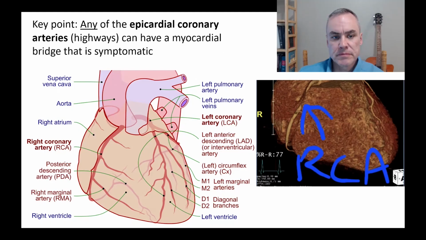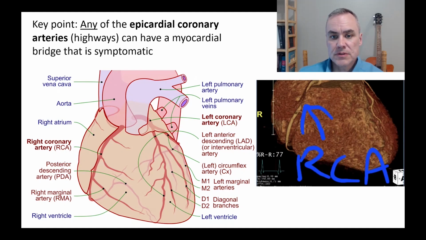It would just confuse the picture. It's a big point to highlight that even though they usually look for myocardial bridges on the left anterior descending artery, the LAD, which is where they're typically looked for and diagnosed, any of these arteries can have a myocardial bridge, and any of those can be a problem. Any of those can cause symptoms.